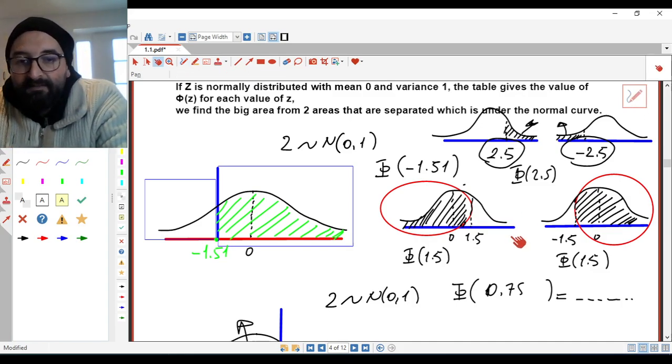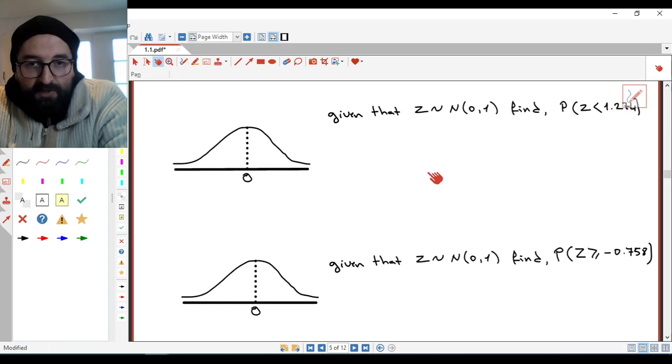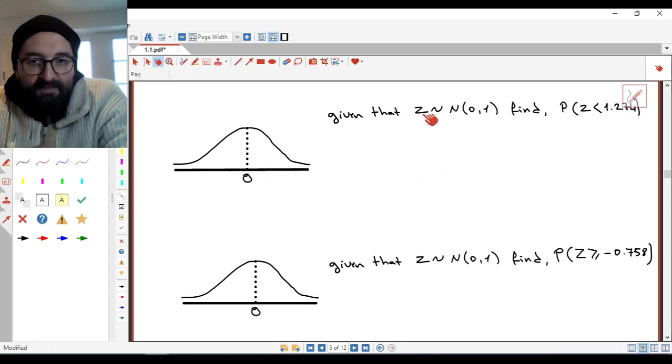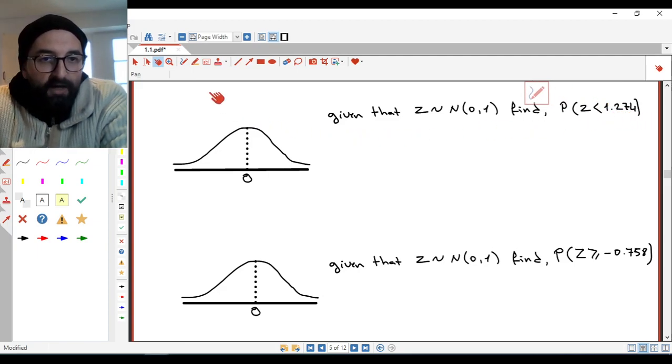Okay, and we have some practice. I hope in this practice you can understand easily. For example, given that z is normally distributed, find the probability of z less than 1.274.